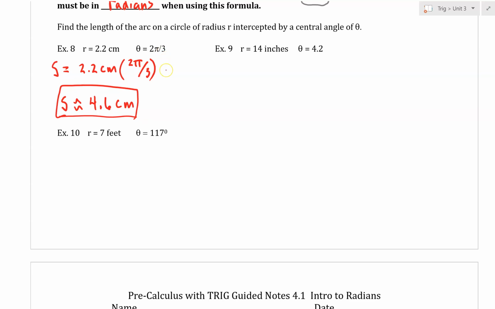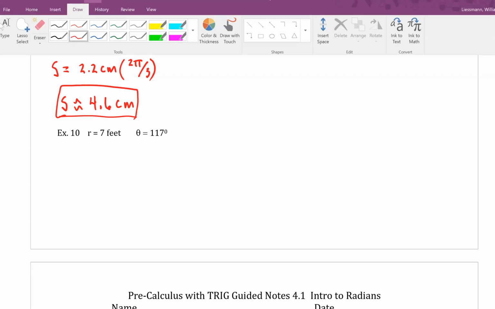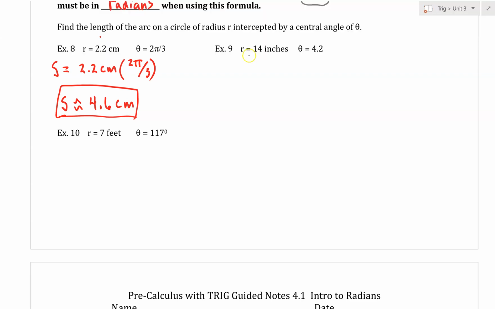As we go further, we're going to see where 2 pi over 3 is on a circle, and then you'll get a better idea of what that arc length looks like. For the next one, r is 14 inches and theta is 4.2. So S is equal to 14 inches multiplied by 4.2.